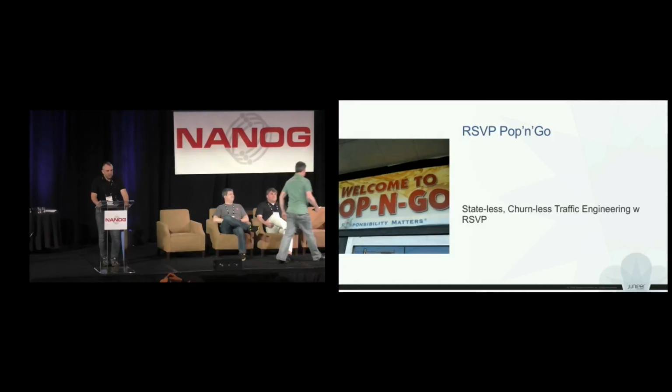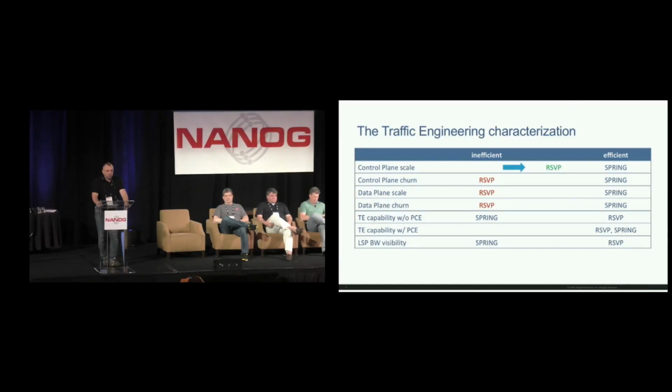Hello. So RSVP Pop and Go is all about state-reduced, or stateless, channelless traffic engineering with RSVP. Today we have generally two traffic engineering protocols capable of doing this, and when we look at them, they have different attributes like scaling, churn, exposure to the signaling churn, and traffic engineering capability with and without a central controller.